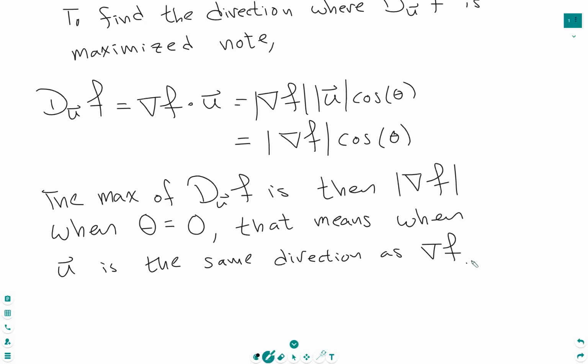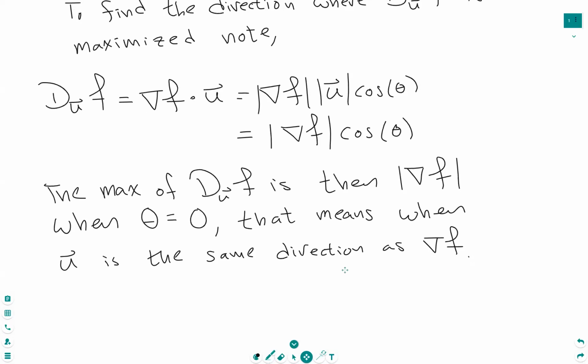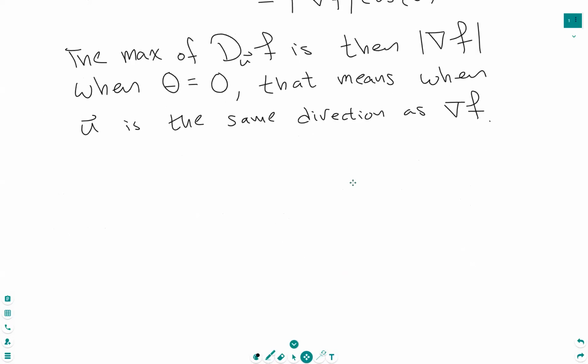It also means that the direction to achieve that minimum is when theta is equal to pi, or in the exact opposite direction as the gradient. So let's do an example.